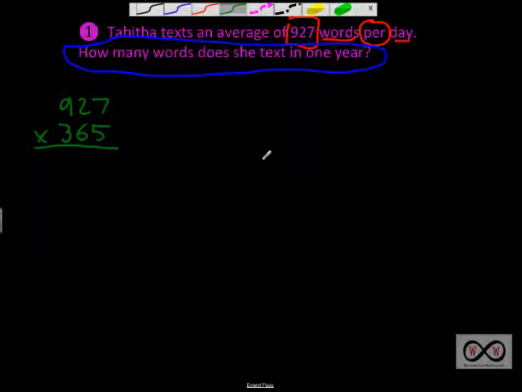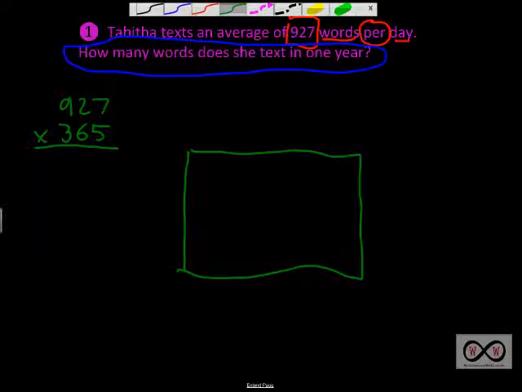And in this case, we're going to use the distributive grid method. So let's set up our grid for this problem. We have a 3-digit number multiplied by a 3-digit number. So you're going to set up a 3 by 3 grid. So here we go. That's the true indicator in these problems.